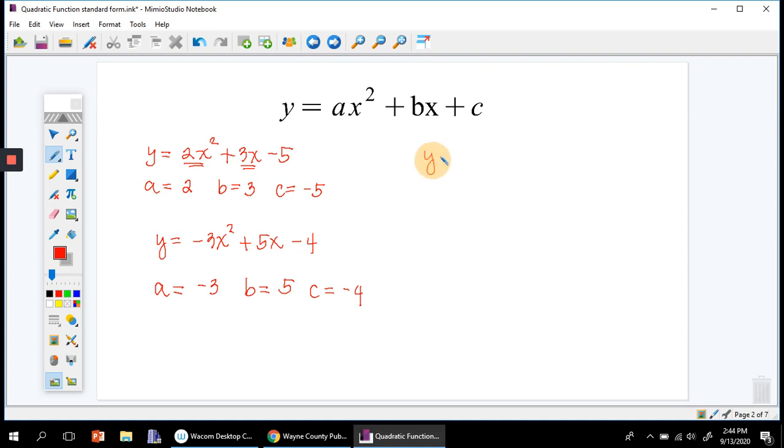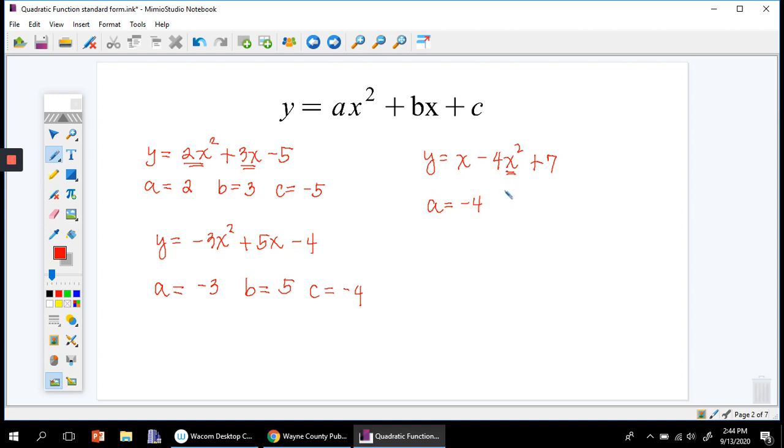Another one, y is equal to x minus 4x squared plus 7. What is the value of your a? Remember, a is the coefficient of your x squared. Now your x squared is right here, therefore the coefficient is negative 4.